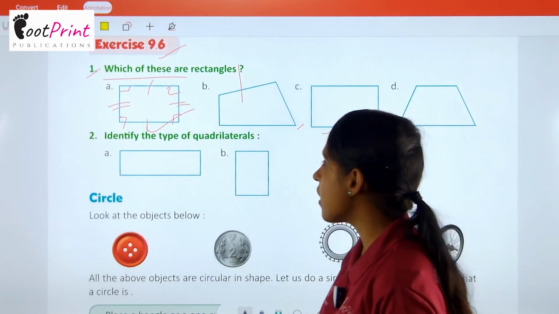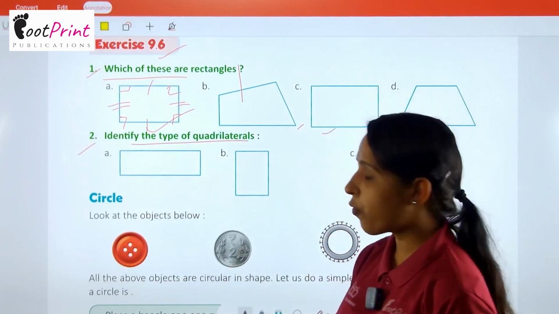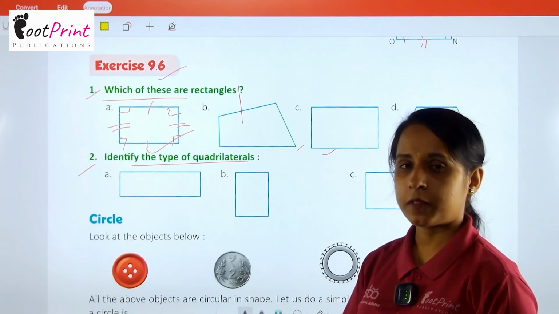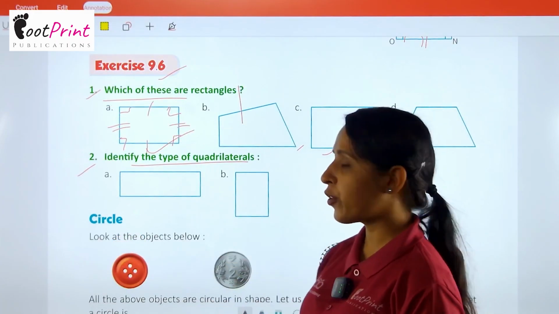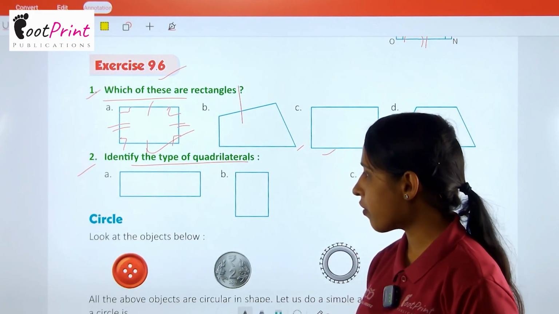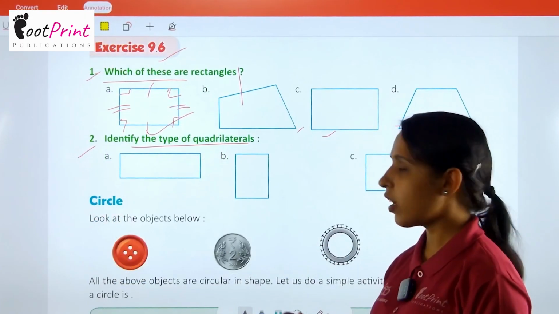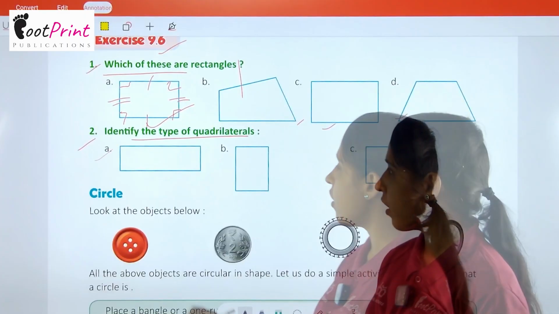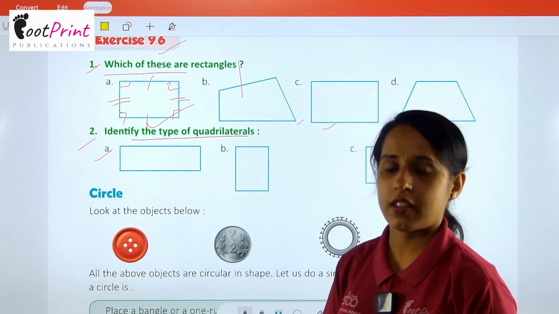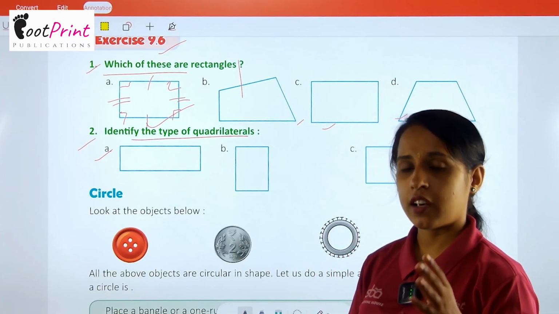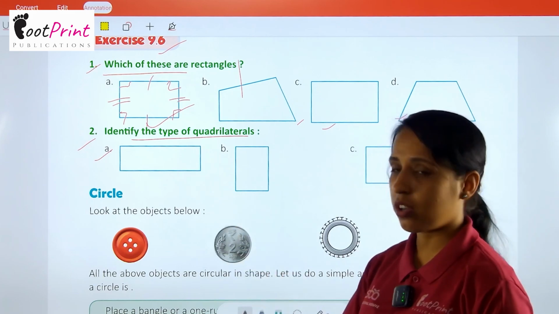Next one is to identify the type of quadrilateral. In your class we learn only two types of quadrilateral. First one is rectangle and second one is square. So here we have to classify, or identify, and give the name of the particular quadrilateral.